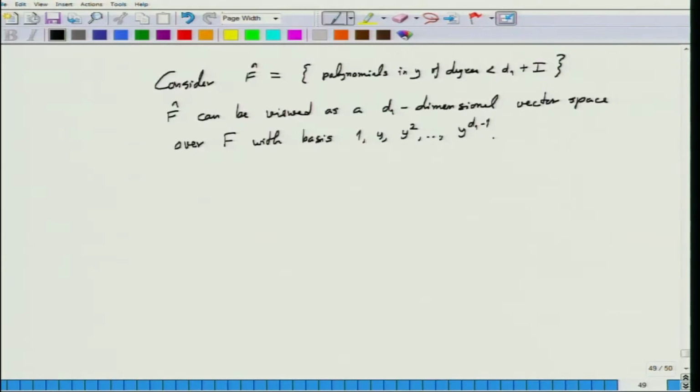Any element of F hat can be written as a linear combination of these d1 elements, and these are linearly independent also. So that falls out of the way we have created extensions. Scalar multiplication is through F. Any element of F is treated as scalar here.